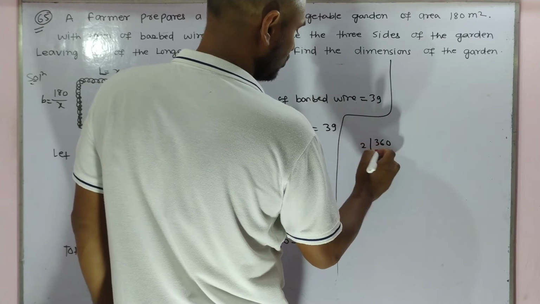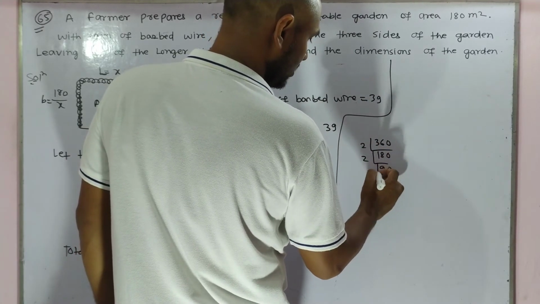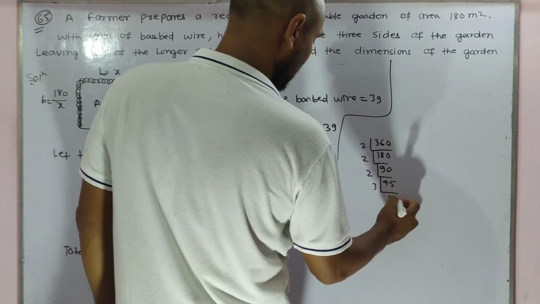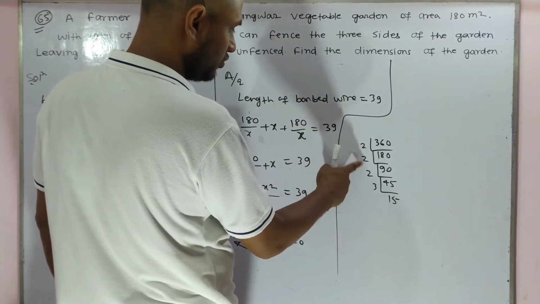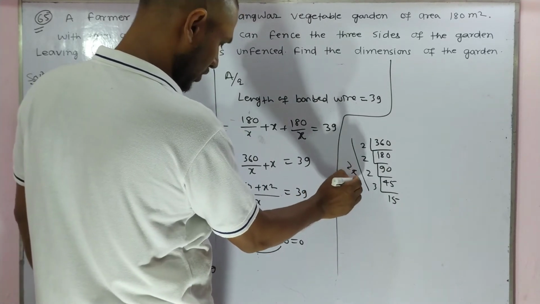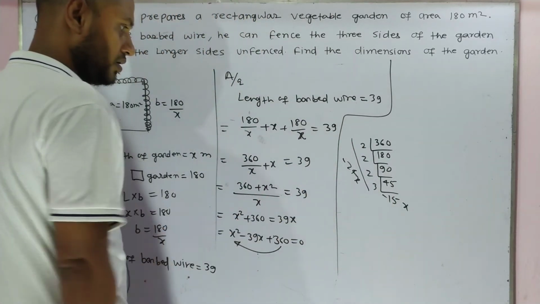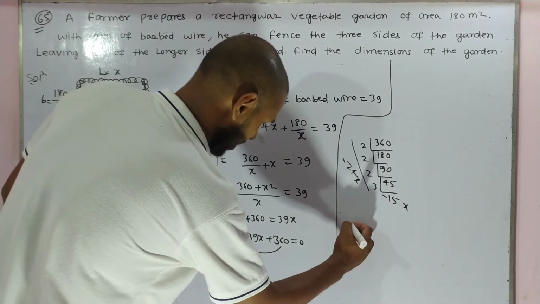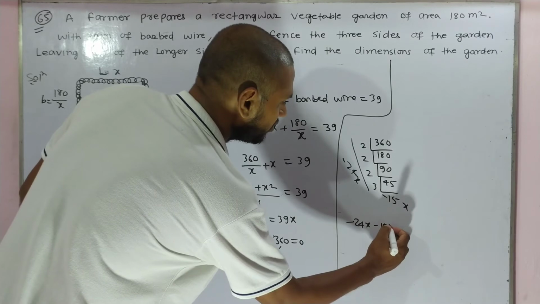We need two numbers whose product is 360 and whose sum is 39: 24 and 15. So in place of minus 39x, we put minus 24x minus 15x.